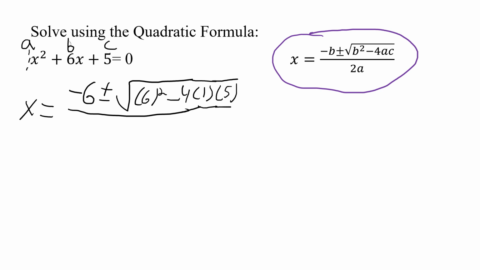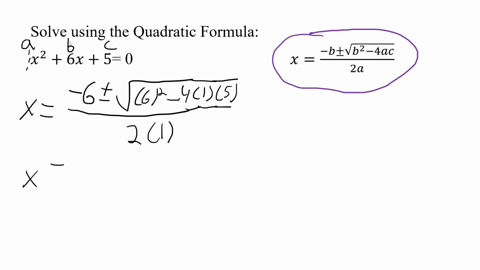I've seen students before forget to put the entire thing under the square root, but everything, b squared minus 4ac, all of that is under the square root. And then finally on the bottom, we divide by 2a. We said, of course, a is just 1. So let's go ahead and simplify this a little bit.